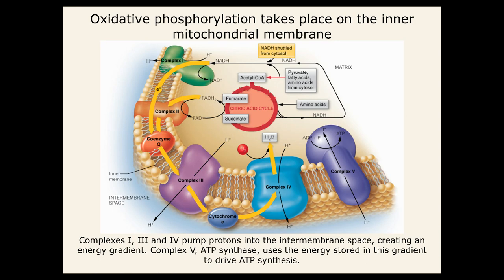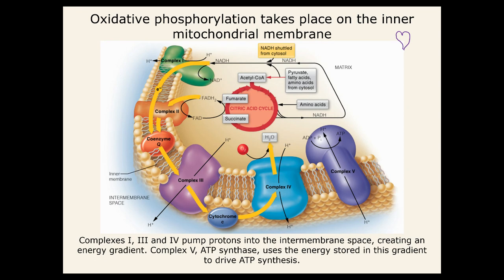Okay, so I really love this picture. So I'm going to put a little heart. It's one that I think is really important. It's showing all the different amazing proteins that are involved in oxidative phosphorylation. It's also showing that it takes place on the inner mitochondrial membrane.